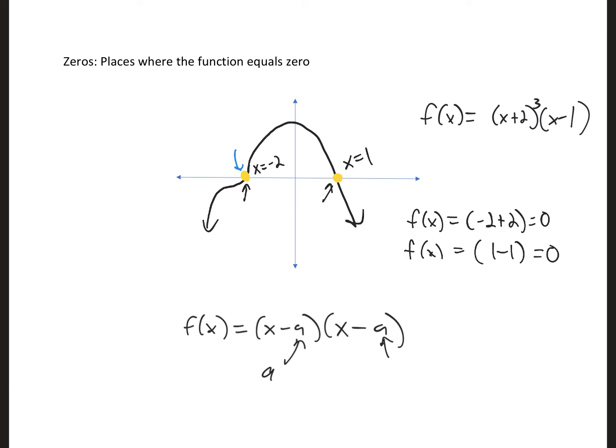How do I know that? Well, I know there's an invisible, let's say 1 here. 3 plus 1 is 4, which means I have an even degree. And the next thing that I would note is the leading coefficient would have to be negative. I know that because I have two ends that are facing downwards, and so therefore, I would have to have an even degree that's negative.